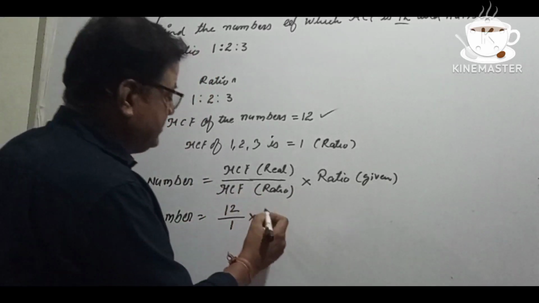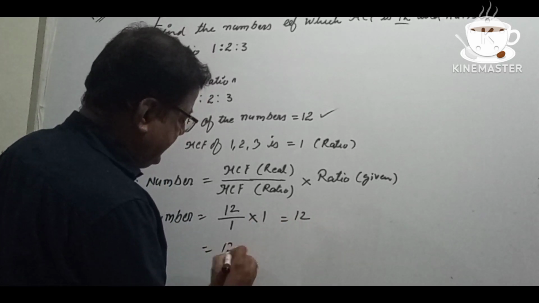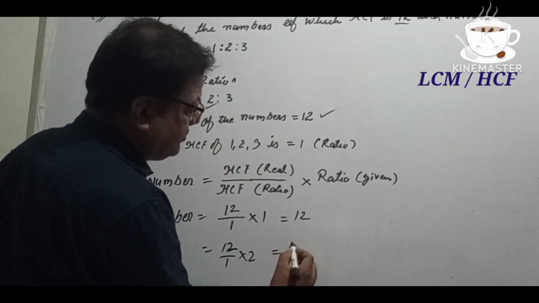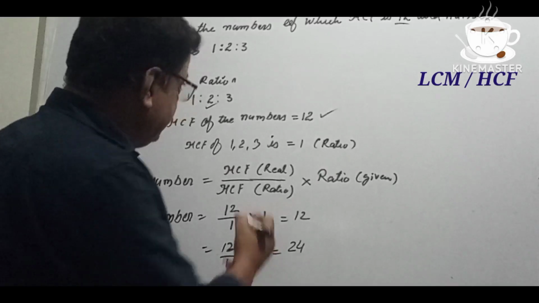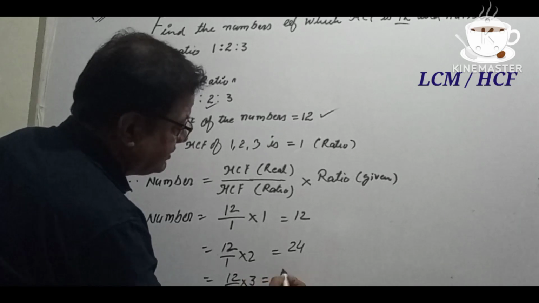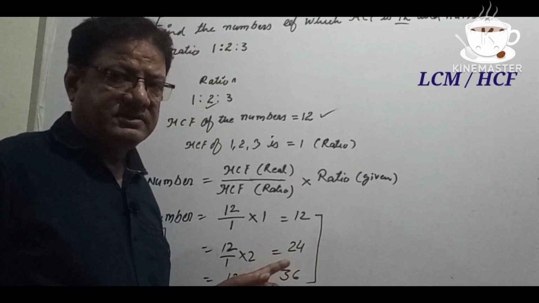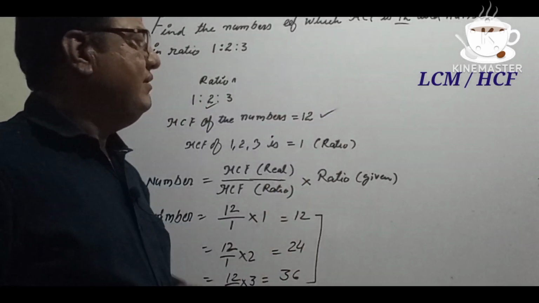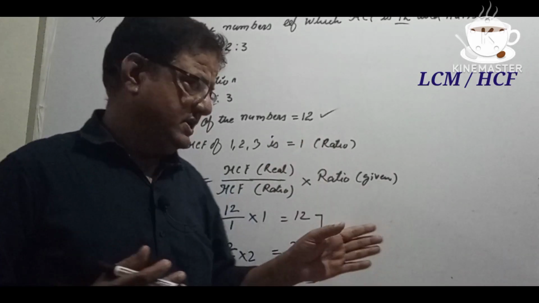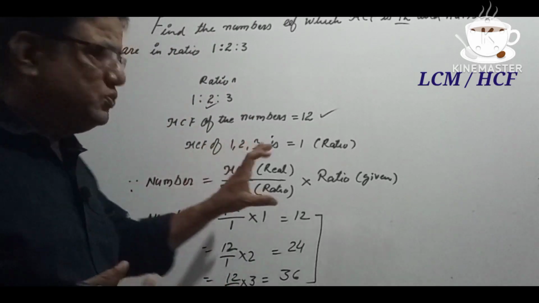First, 12 into 1 equals 12, and the second number is 12 upon 1 multiply 2, which is 24, and the third number is 12 upon 1 multiply 3, which is 36. These are the real numbers of which the HCF is 12, and all these numbers are in ratio 1, ratio 2, ratio 3. So this type of question can be solved using this formula.